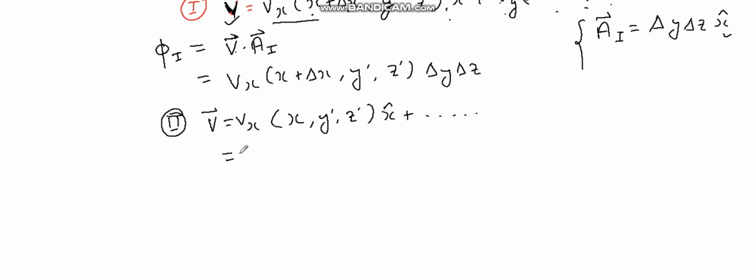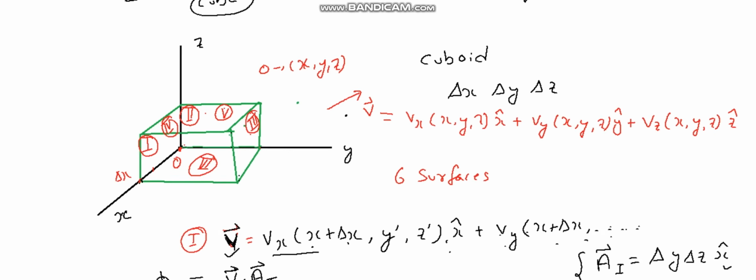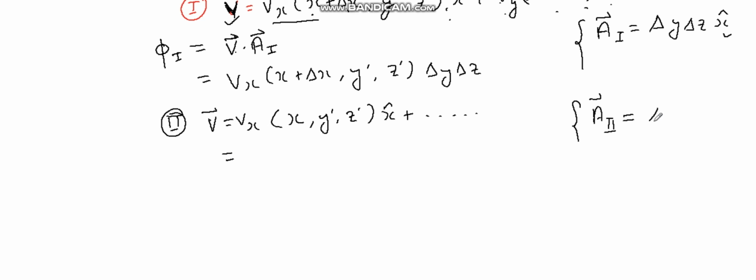So yeah, we have this now. If we are calculating the area of the second surface, that is going to be delta y delta z, but with the minus x cap direction.